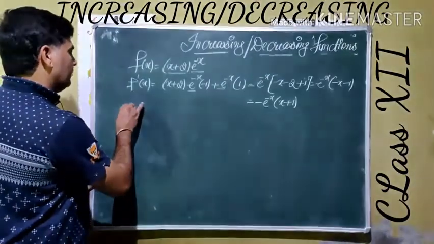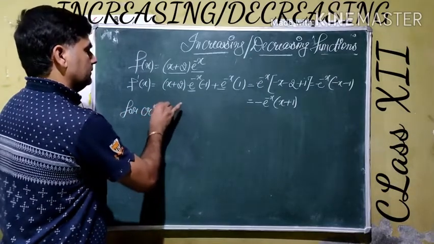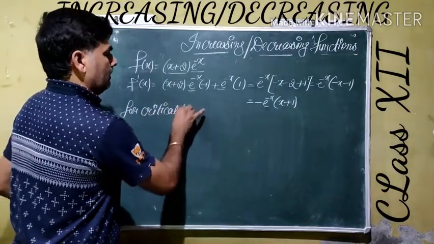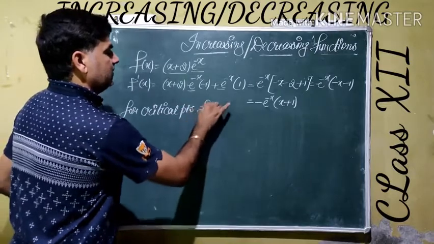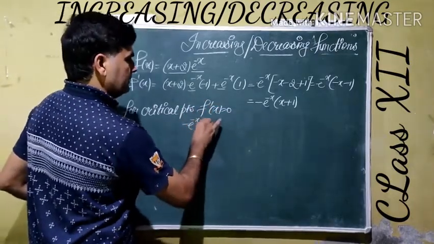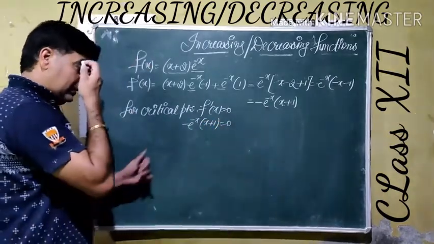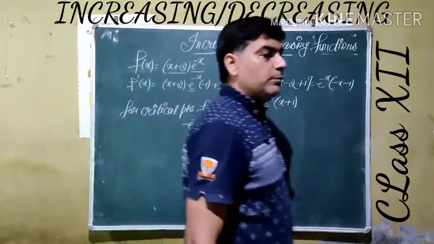To find the critical points, our rule is to take the first derivative as 0. As you know, e raised to a power cannot be 0.